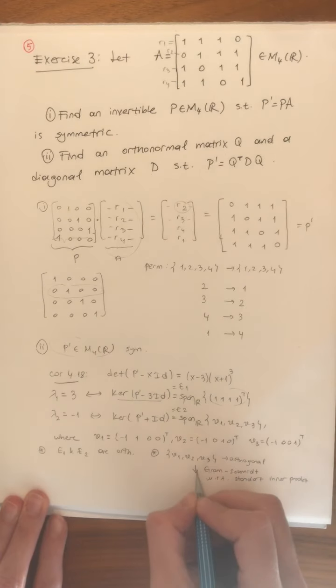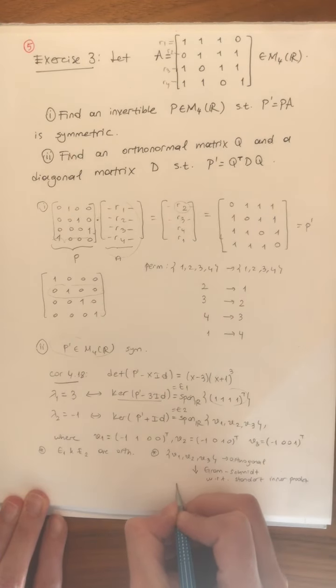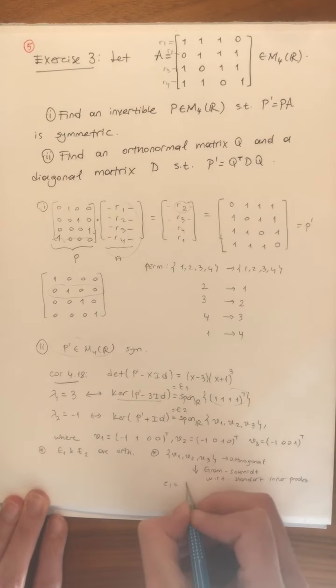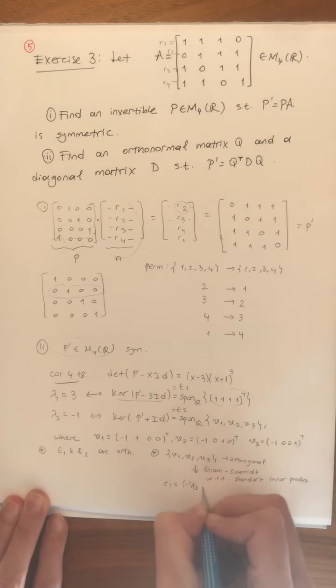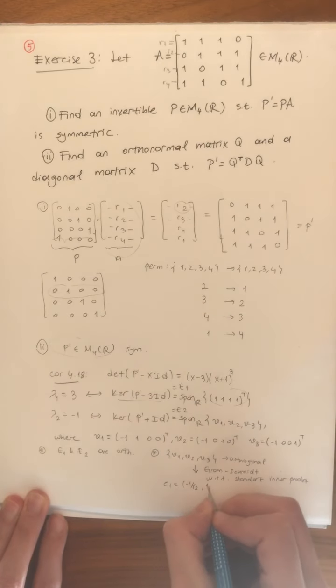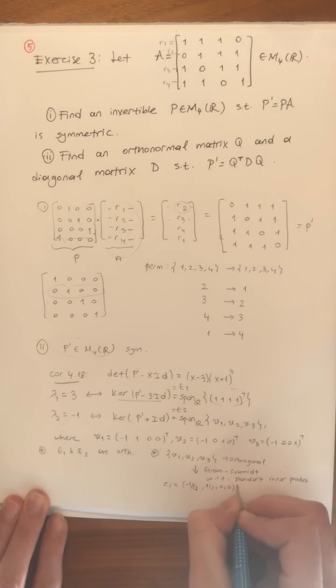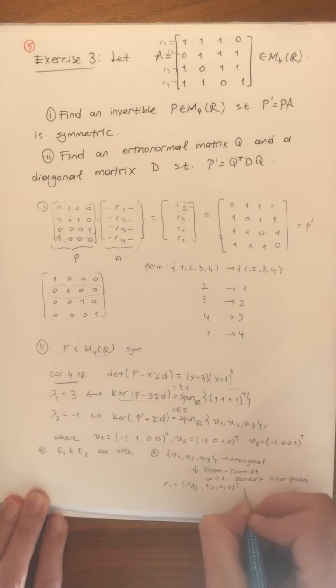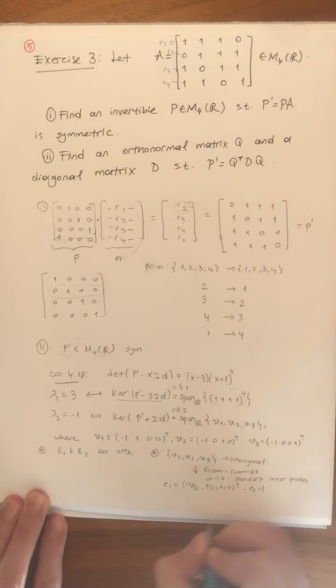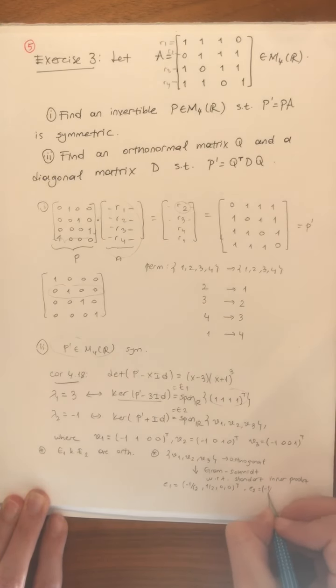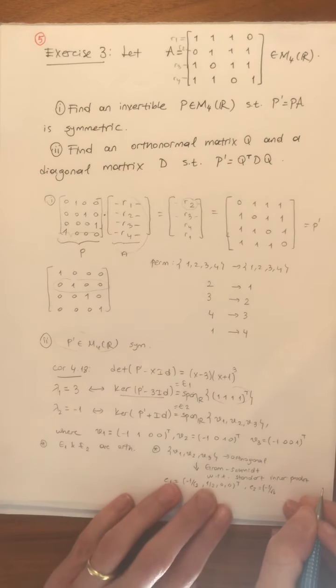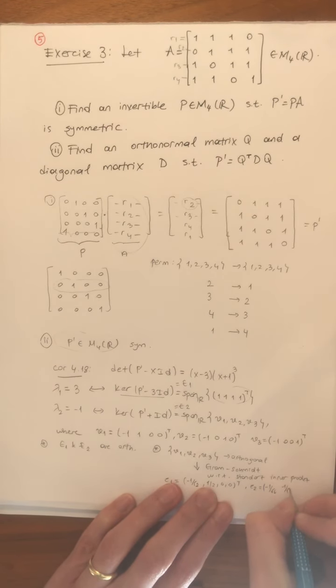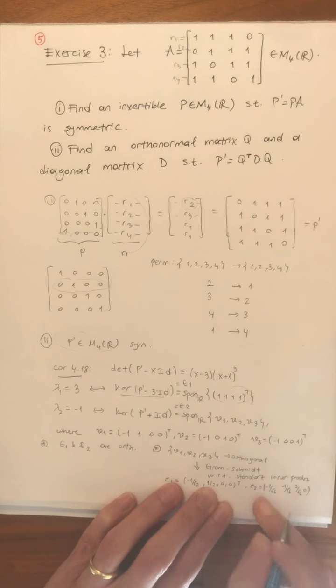And after this Gram-Schmidt process, correspondingly, we obtain a set of orthonormal bases. And these are the same vectors as in the solution key.